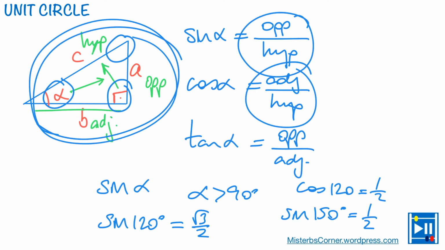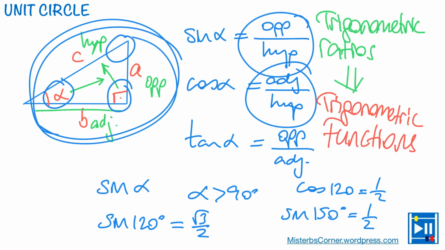So how come we can calculate the trigonometric ratios with angles bigger than 90 degrees? Because we have the unit circle, which converts the trigonometric ratios to trigonometric functions, right?